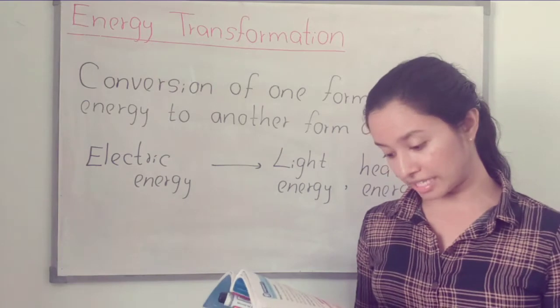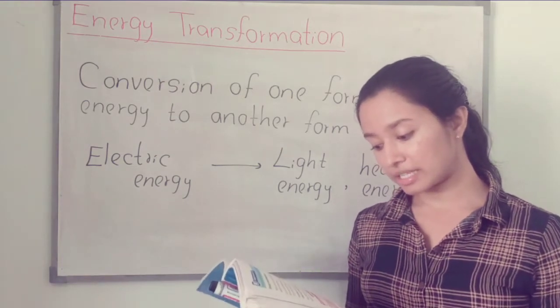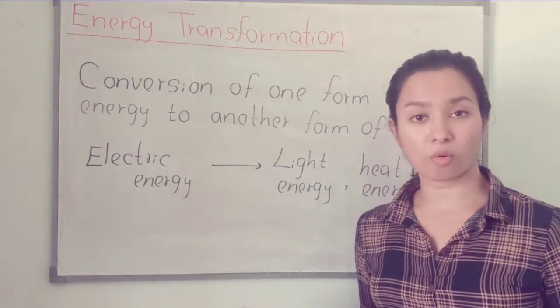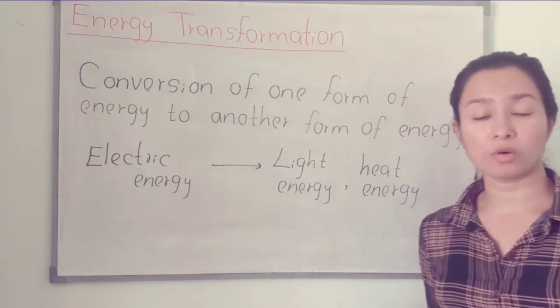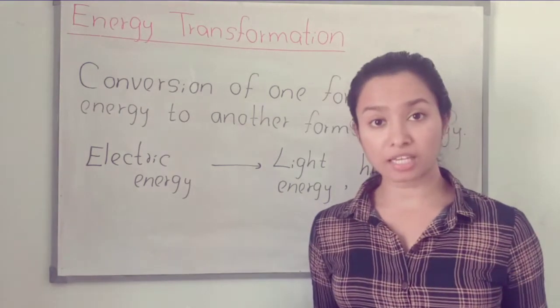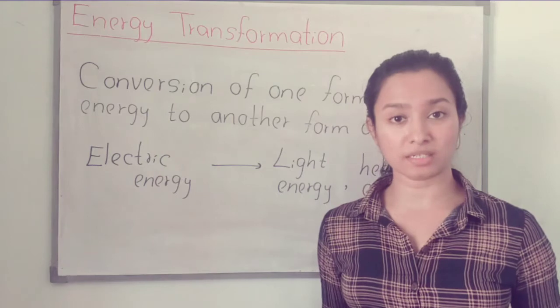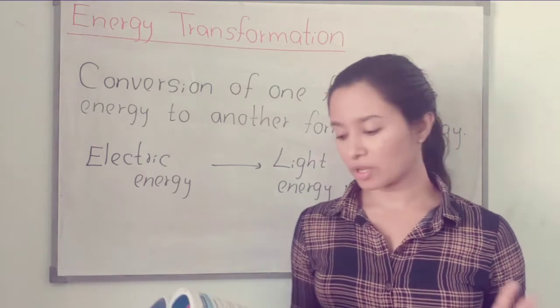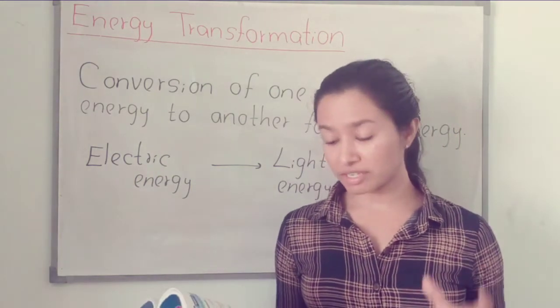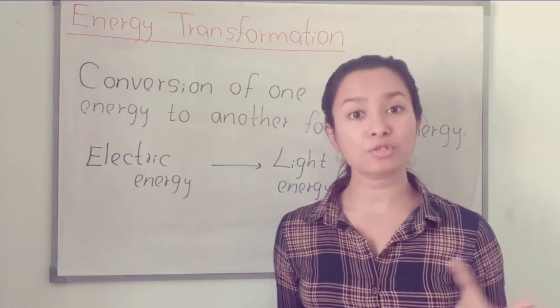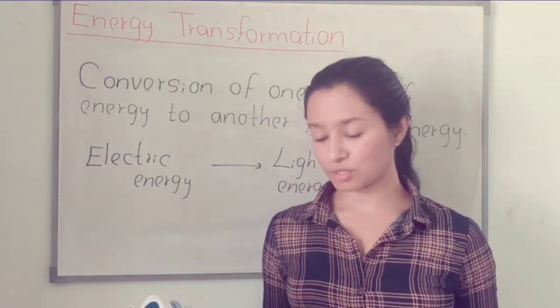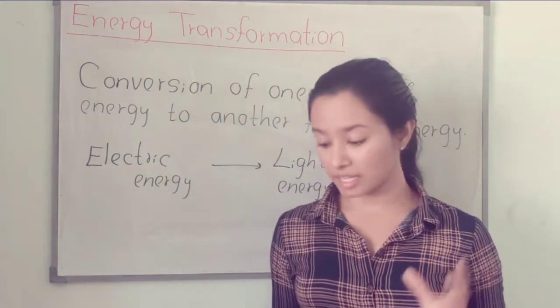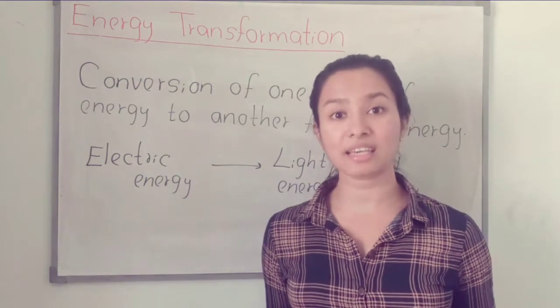The second instance is generating electricity by a dynamo. For the working of a dynamo, there should be a movement. Otherwise the dynamo will not work. To generate electricity, the dynamo should be rotated. So there should be kinetic energy.